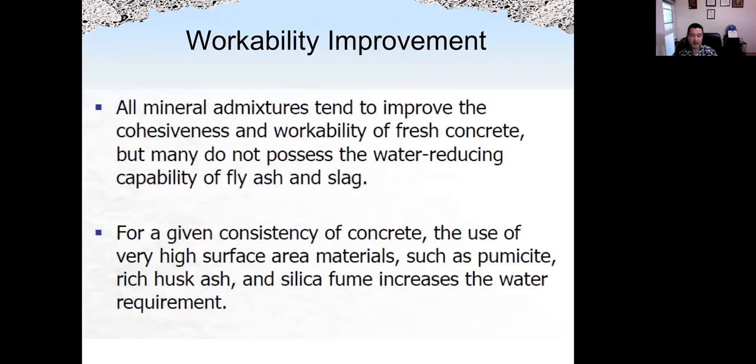All types of mineral admixtures will improve the cohesiveness and also workability. But sometimes they do not have the water reducing capacity of fly ash and slag. Fly ash and slag can reduce the amount of water required for concrete due to the ball bearing effect, the spherical shape of the fly ash.